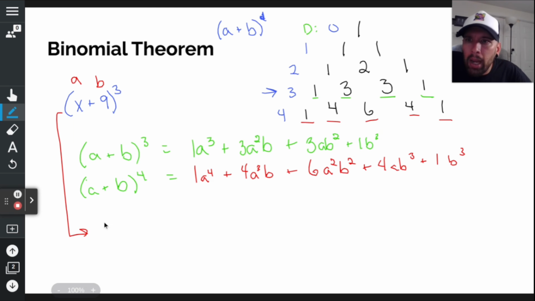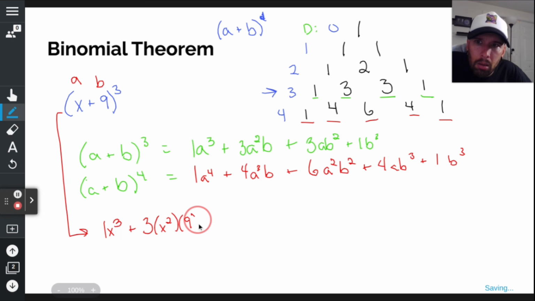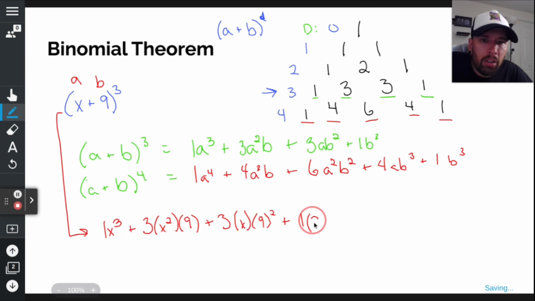I'm going to write out 1x to the third plus 3 times x squared times 9, okay, see what I did, plus 3 times x times 9 squared plus 1 times 9 cubed.